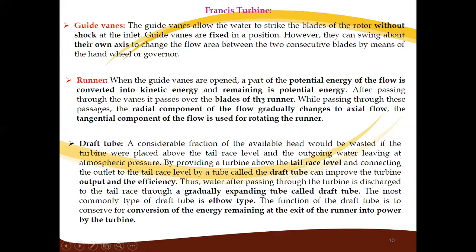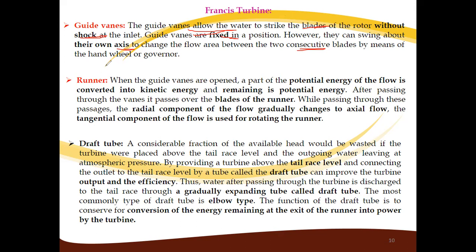The guide vanes allow the water to strike the blades without shock at the inlet. The guide vanes are fixed in position. However, they can swing along their own axis to change the flow area between any two consecutive blades, by means of hand or by means of a governor.